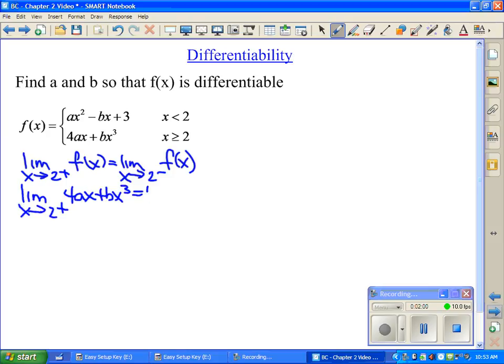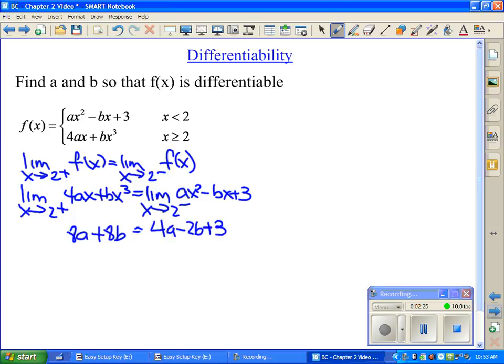And for the limit as x approaches 2 from the left of f of x, I'll use the top function, ax squared minus bx plus 3. So substituting x equals 2, you get 8a plus 8b. And recall, as soon as I substitute in the number, I don't need to write limit anymore. If I substitute in x equals 2 on the left-hand side, you get 4a minus 2b plus 3. So there's your first equation.